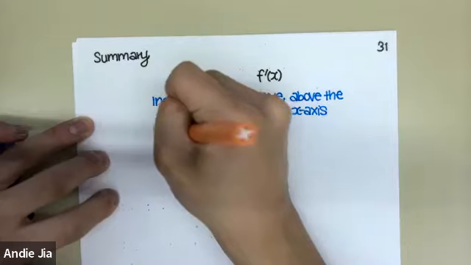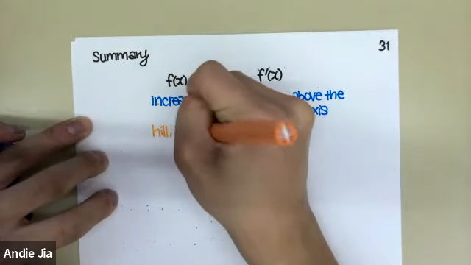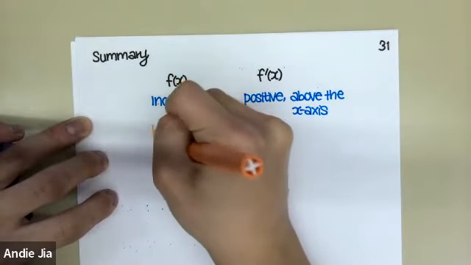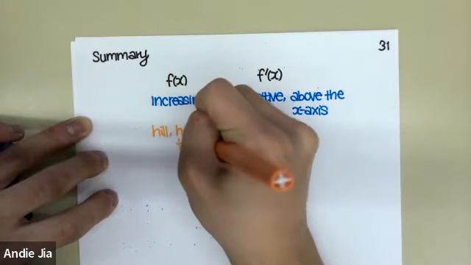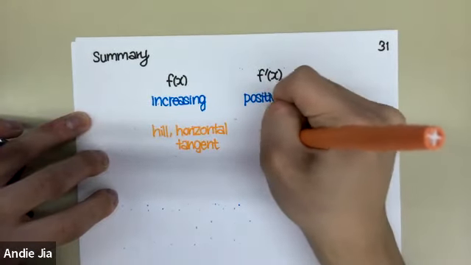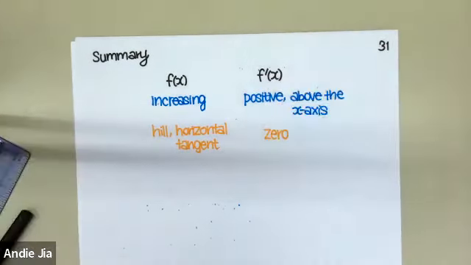or it's horizontal. Horizontal tangent means the derivative is 0.